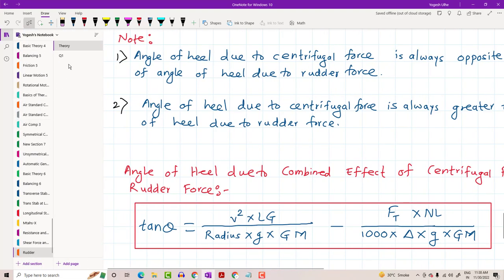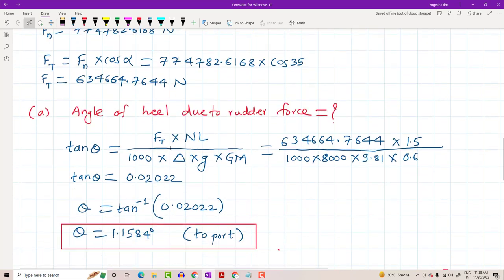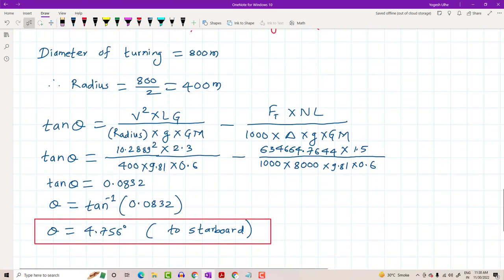So what will be the scenario? Everyone observe carefully. The angle of heel due to rudder force is in the port direction.